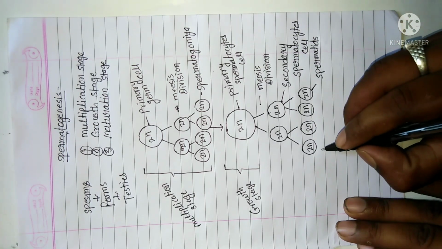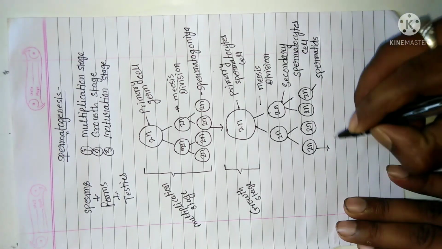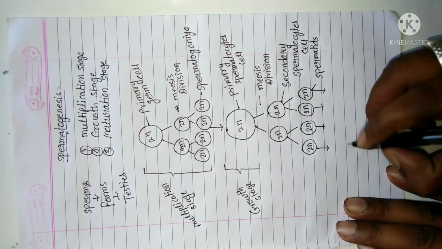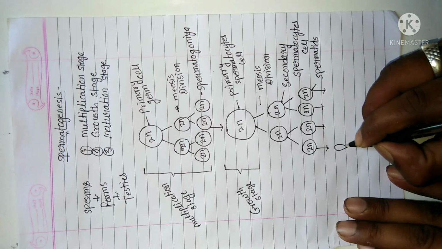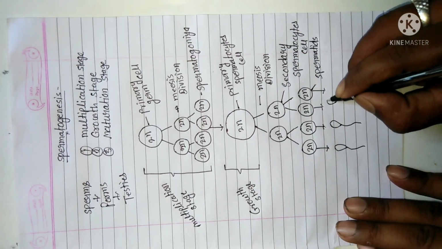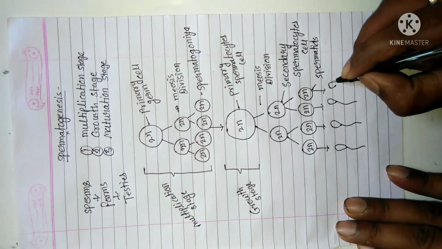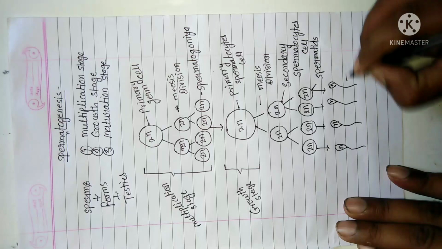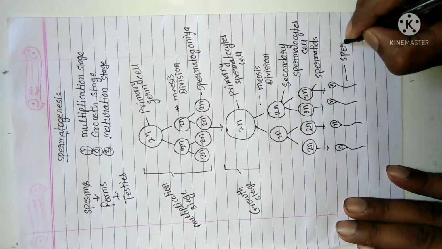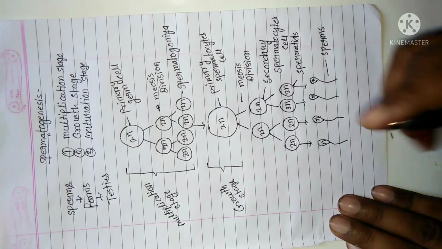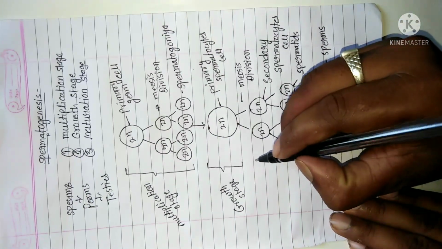Spermatids make sperms. This is maturation phase.